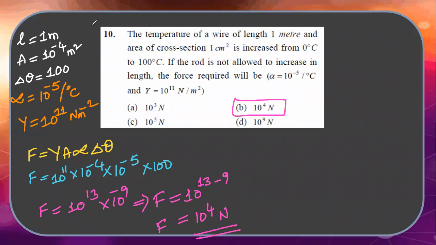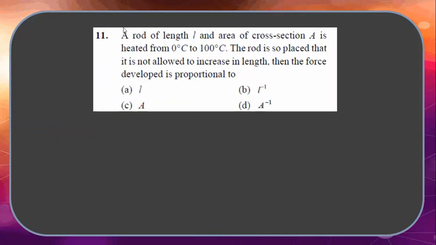Next problem. A rod of length L and area of cross section A is heated from 0 degrees centigrade to 100 degrees centigrade. The rod is so placed that it is not allowed to increase in its length.